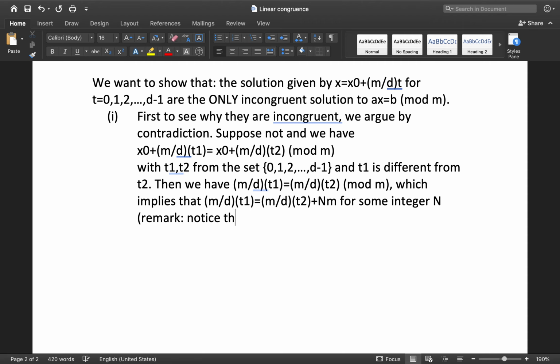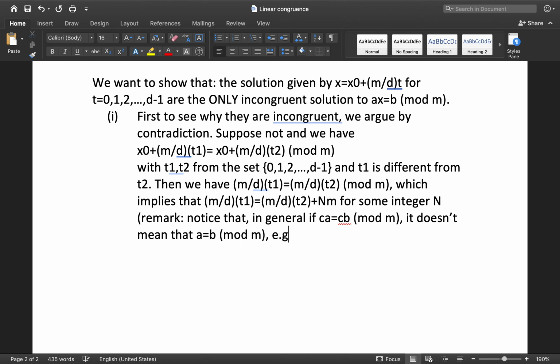Notice that in general, if two numbers are congruent, for example, CA is congruent to CB modulo M, it doesn't mean that we have A congruent to B modulo M. That is wrong. A very quick example.